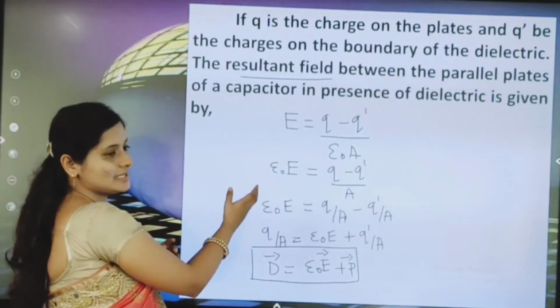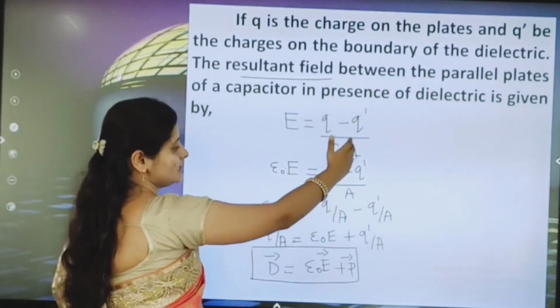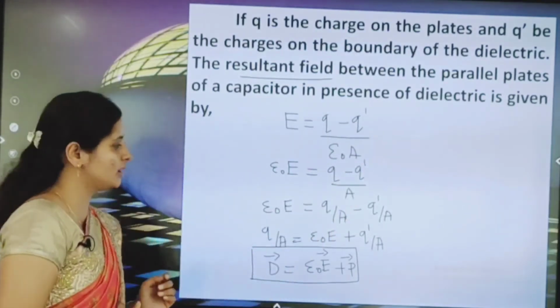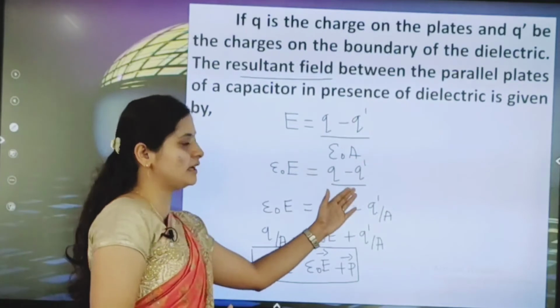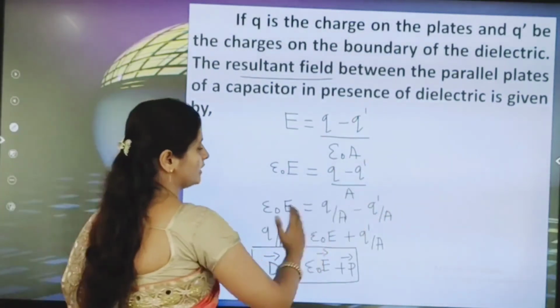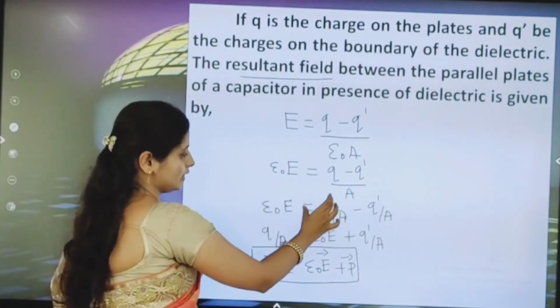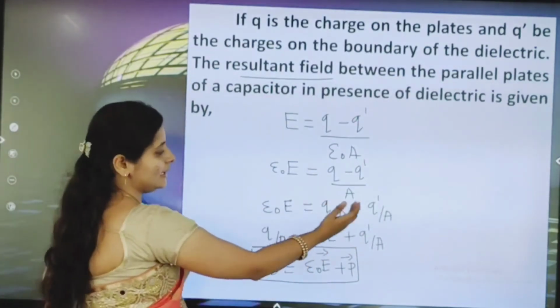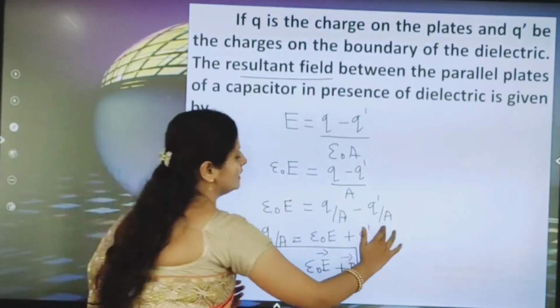So LHS is epsilon naught E is equal to Q minus Q dash as it is divided by A, and separate dividing, that is Q by A minus Q dash by A. Next, what happened? We are making the simplification. Remain epsilon naught E as it is, Q dash by A as it is, and taking minus Q dash by A term in this side.